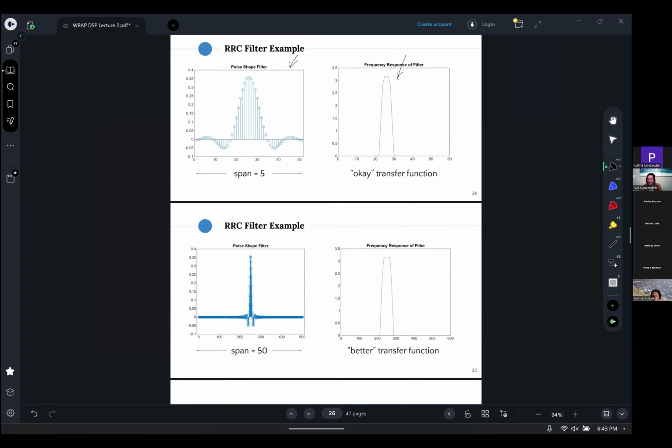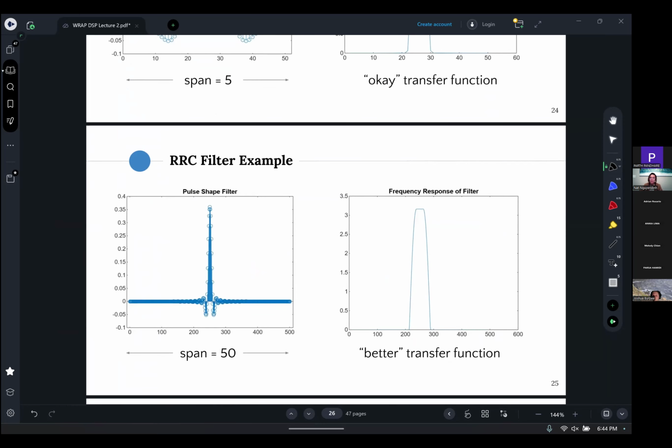So yeah, that is the content that I had for digital filtering. A little bit of context: in the RAP system last year, our order for the RRC filter was around 400 just because it had to span multiple symbols. But our order for the low pass filters that we actually used was 11.